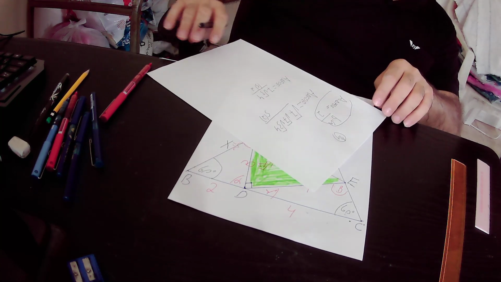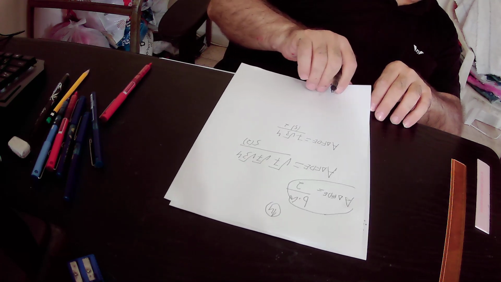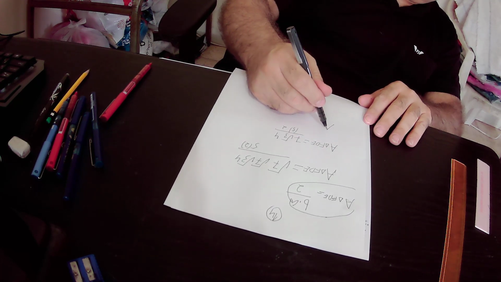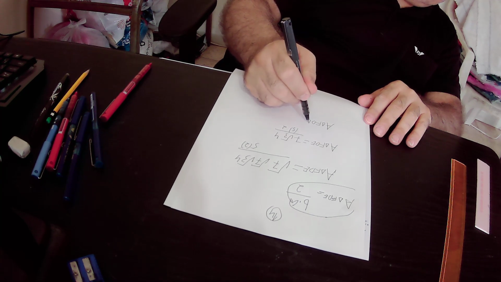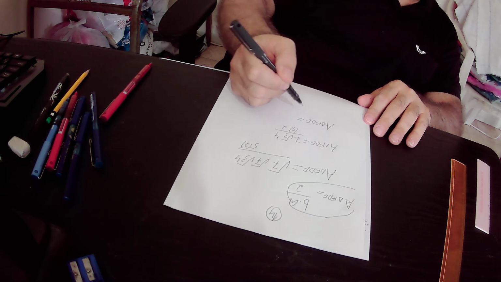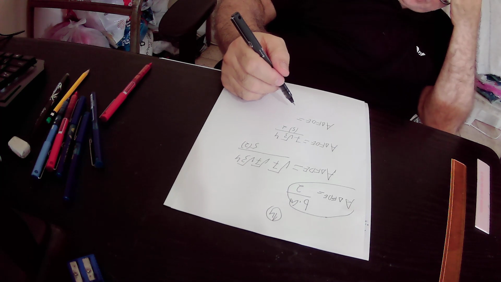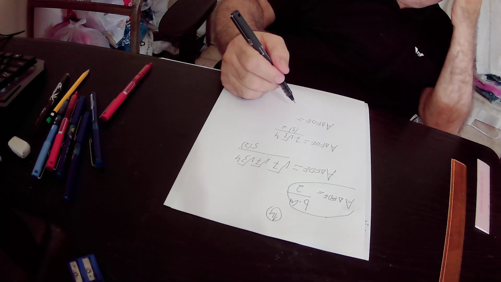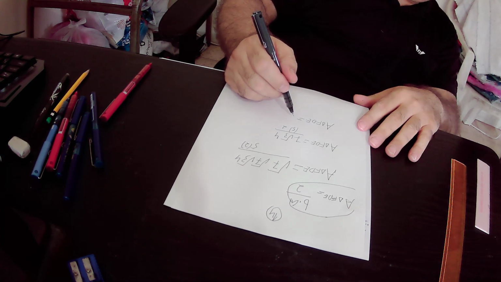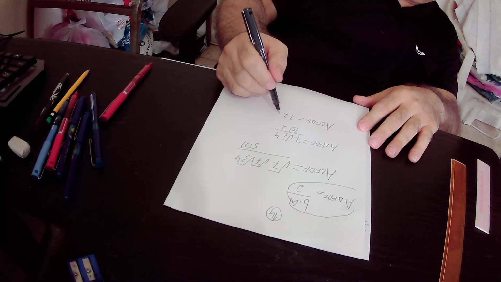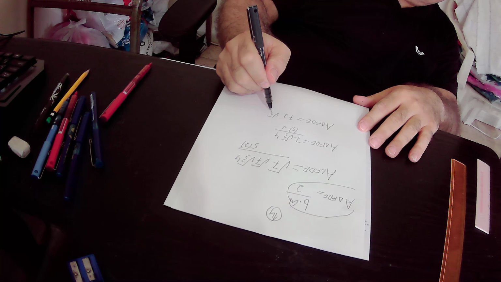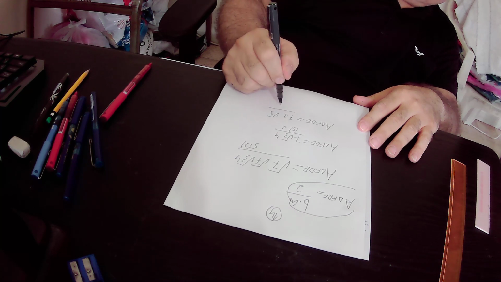So the area of the green triangle FDE equals 7 times 2 times root 3 over 5.